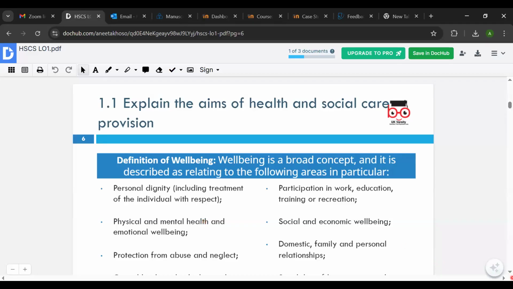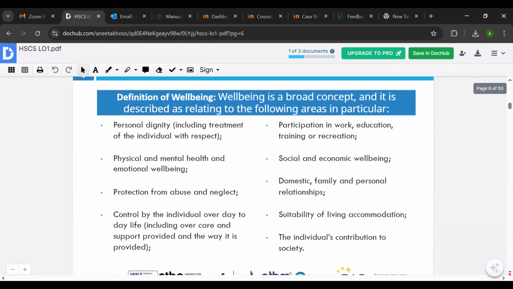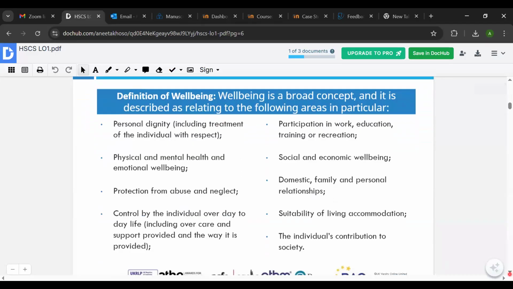Whoever it is, whatever age, gender, race, or religion they belong to, it is our duty to treat them with dignity. Physical and mental health and emotional well-being. That is one of the aims.